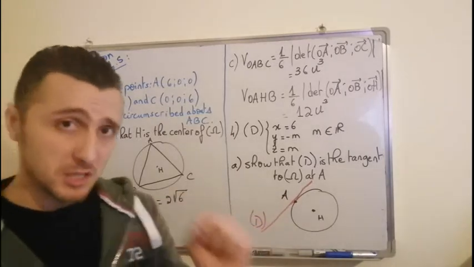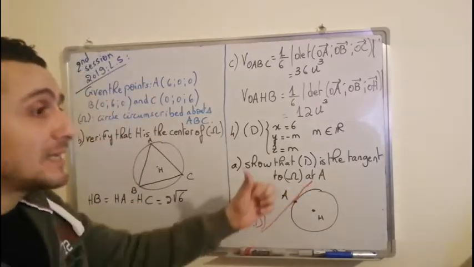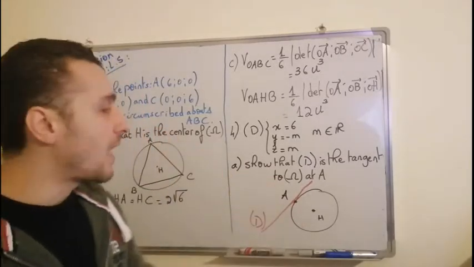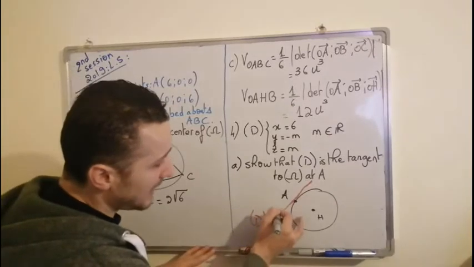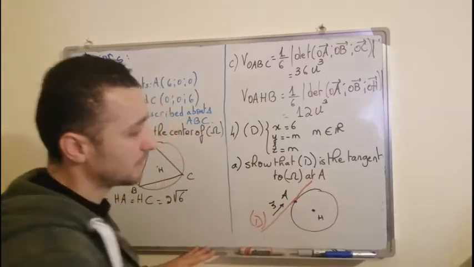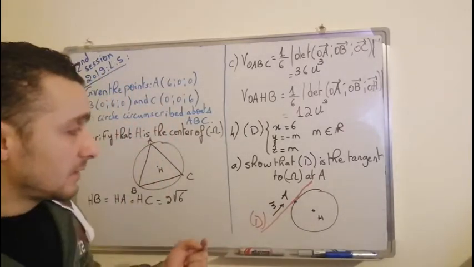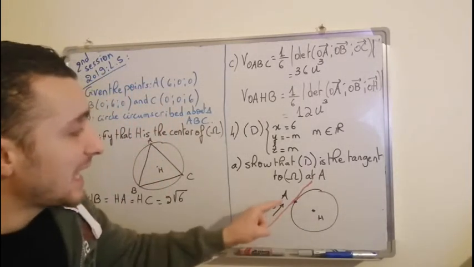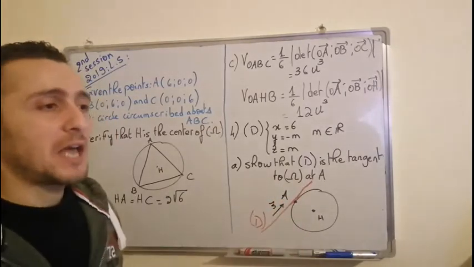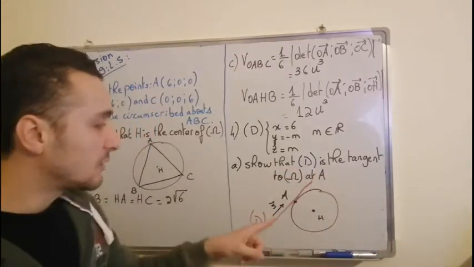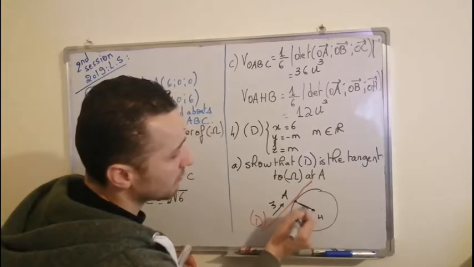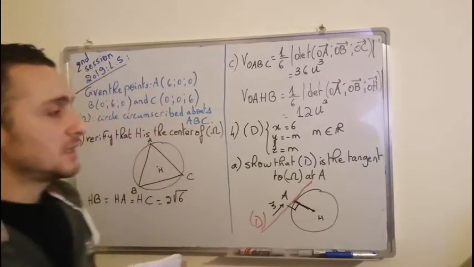So the relative position between the line D and its directing vector is that they are parallel or coincident. If we call this direction vector SD and calculate the scalar product of SD with the vector AH, and we obtain 0, then the two vectors SD and AH are perpendicular.